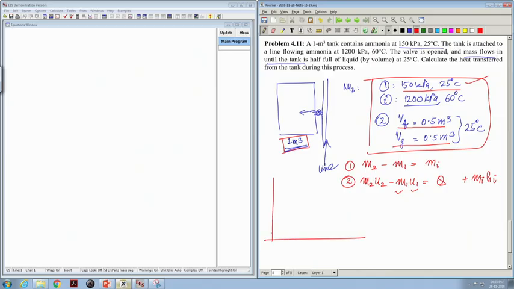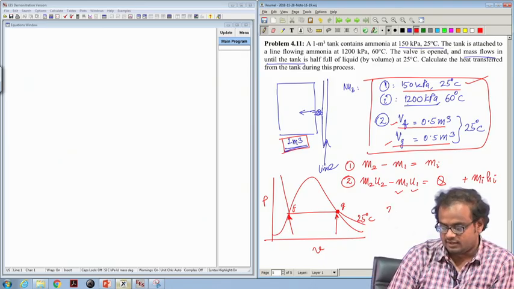If we have the dome like this, this is the isotherm, 25 degrees Celsius. At 25 degrees Celsius, we know the specific volume of pure vapor and of pure liquid, and using the specific volume and the total volume, we can know the total masses of the vapor and the liquid.